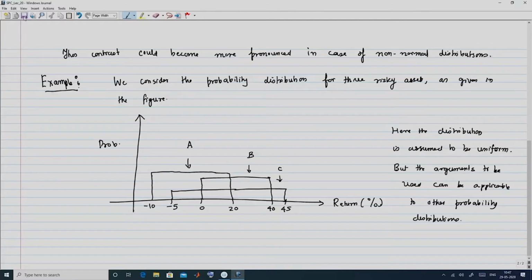So, now you observe that in case of portfolio A, it is a uniform distribution lying in the range -10 to 20. In case of portfolio B, this is a uniform distribution in the range 0 to 40, and in case of C, it is going from -5 to 45. So, remember that for a uniform distribution, the mean is going to be (a plus b) over 2.